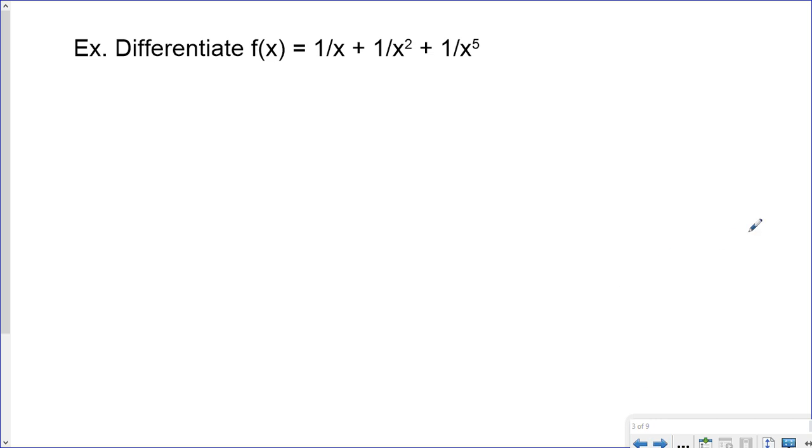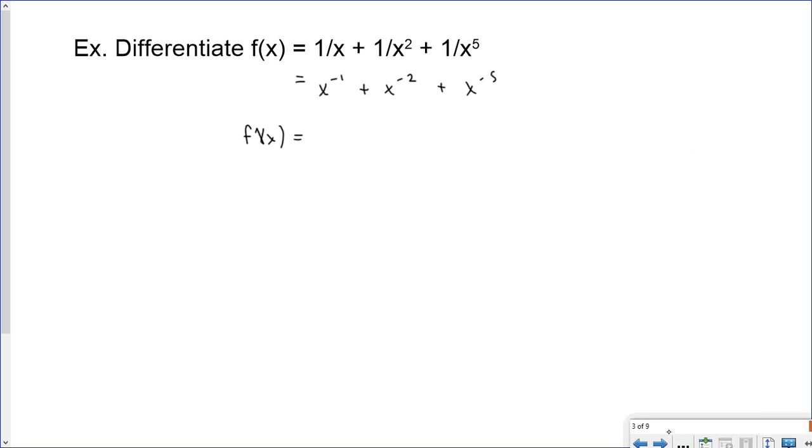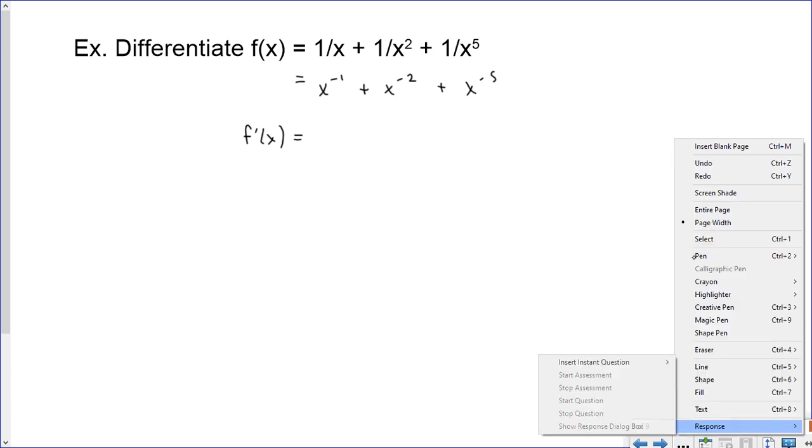Again, we have reciprocal functions, so let's write them as powers. And then a plus x to the negative 5. Therefore, my pen isn't cooperating today.